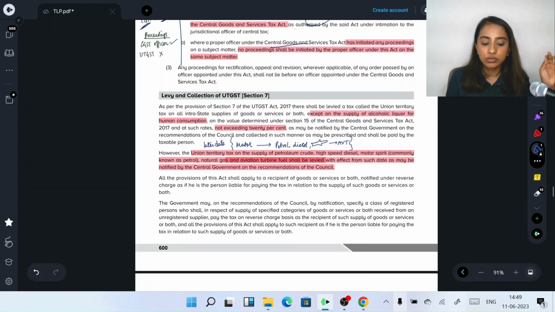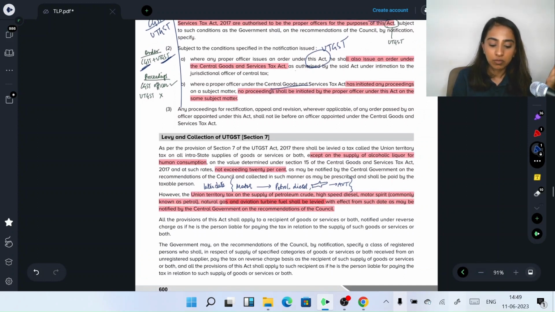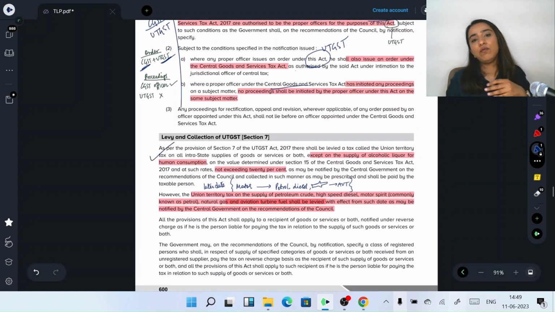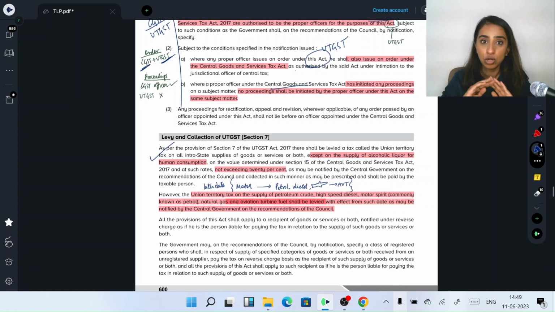Levy and collection. Who is going to levy UTGST? Who is going to collect UTGST? Now say the levy on all what kind of goods and services? On all goods and services except alcoholic liquor for human consumption. They're saying alcoholic liquor for human consumption is not covered under the purview of GST. We have seen that earlier, right?